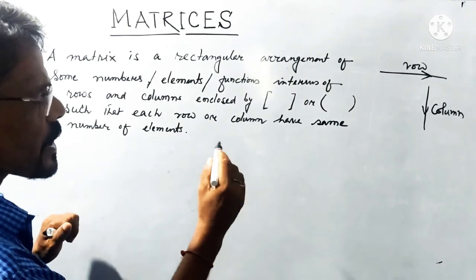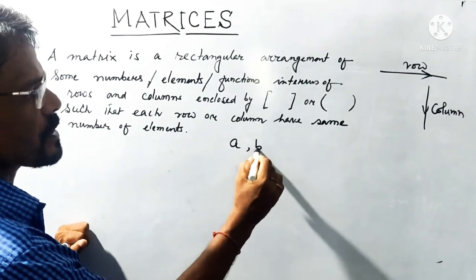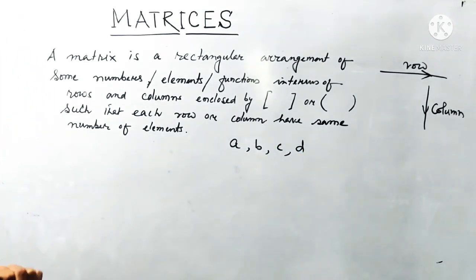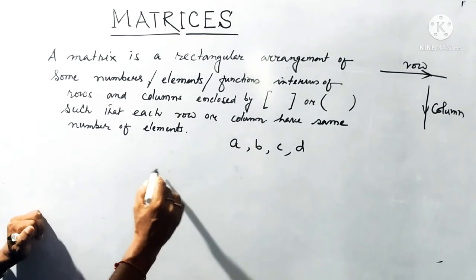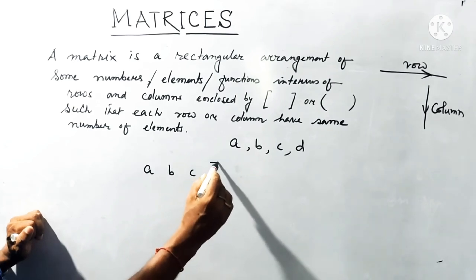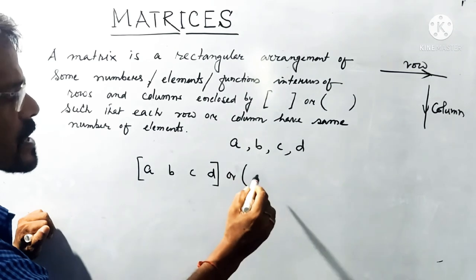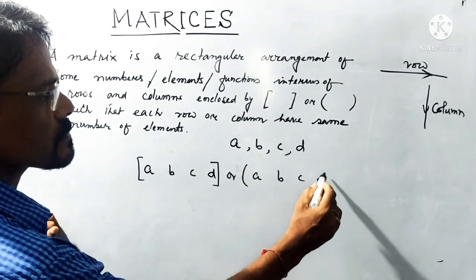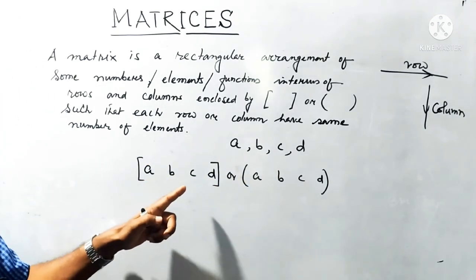Suppose I have some elements like A, B, C, D. These are 4 elements, suppose. Now we can arrange these 4 elements, you see, like A, B, C, D within this bracket, or within the first bracket also you can write A, B, C, D. Then this arrangement is called a matrix.